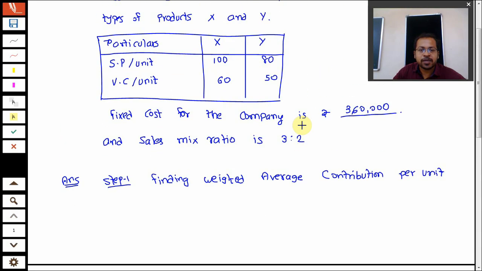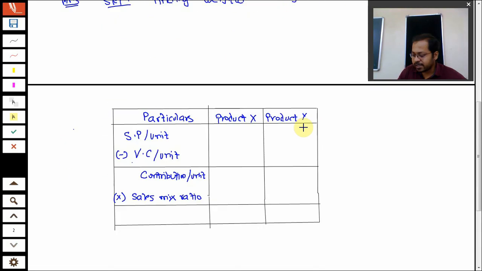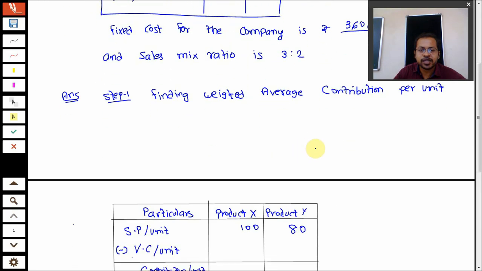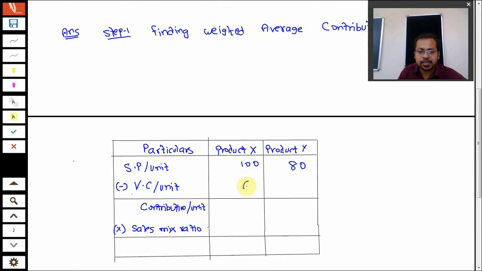So look here, selling price 180. So write 180. Variable cost is 60/50. So I'll write it's 60 and 50. So contribution is 100 minus 60, 40, 80 minus 50, 30.